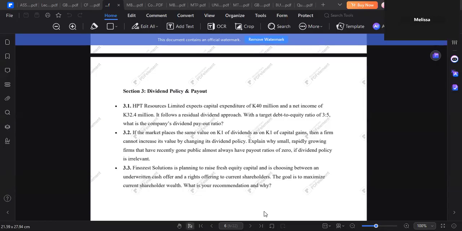The existing ownership is kept in control by the shareholders. Okay, good. Remember how many marks are we looking at? We're looking at about 12 marks. So you need to give the reason and explain very well.